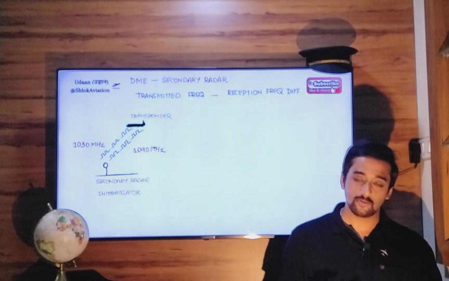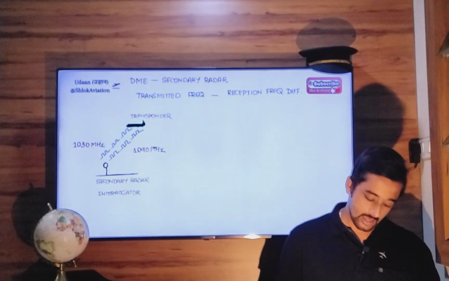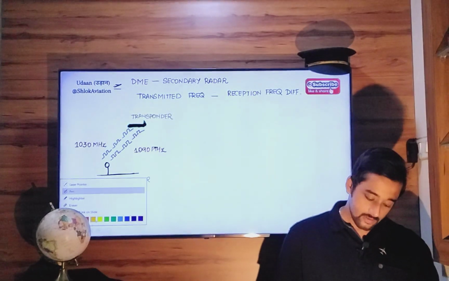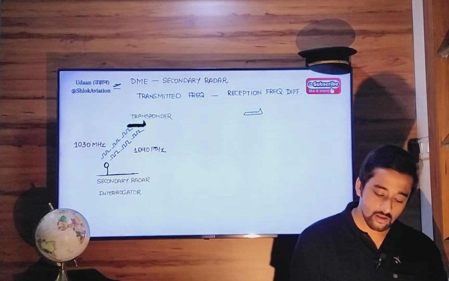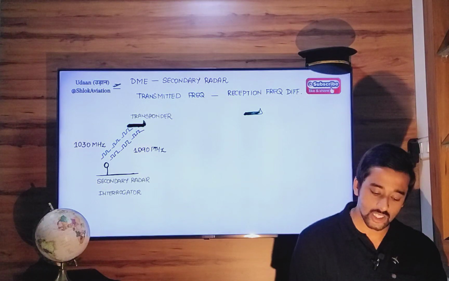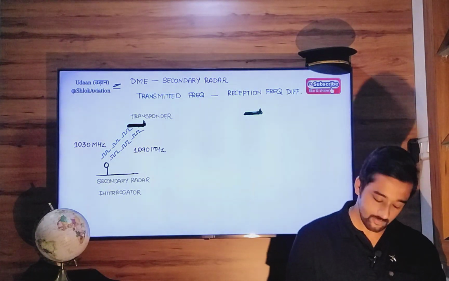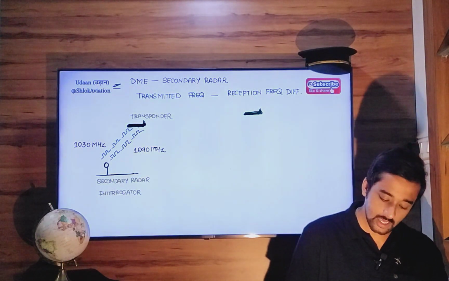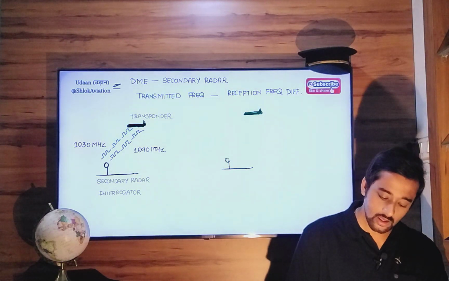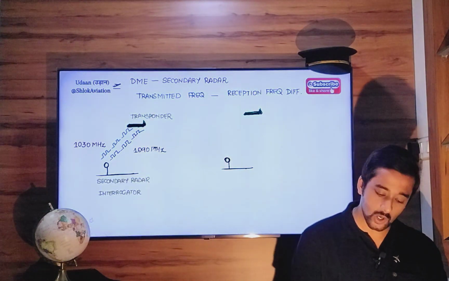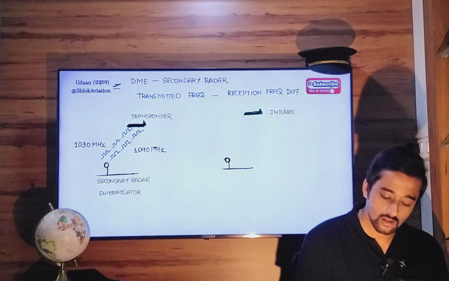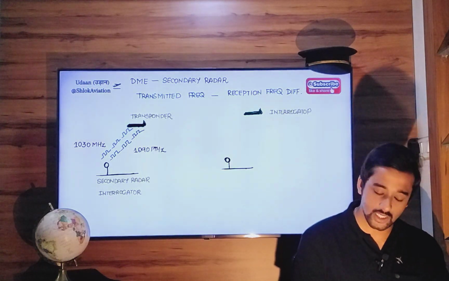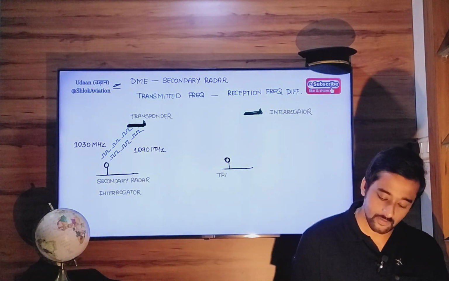Similarly, in DME, which is based on secondary radar operation, aircraft will transmit an interrogation pulse. In case of DME, very important observation: your aircraft becomes the interrogator and the ground station becomes the transponder.